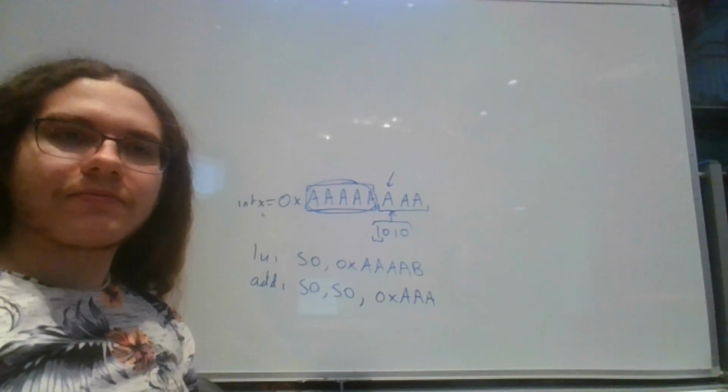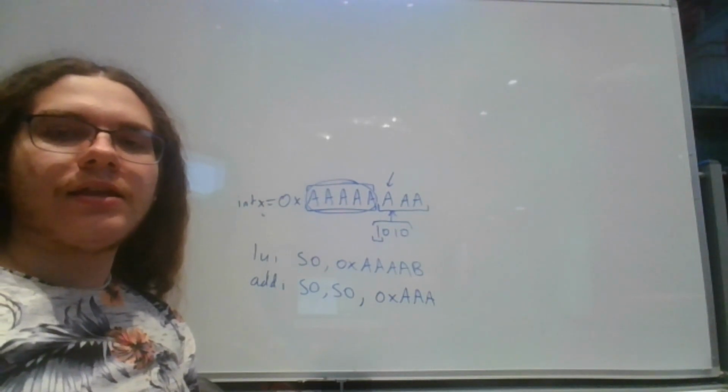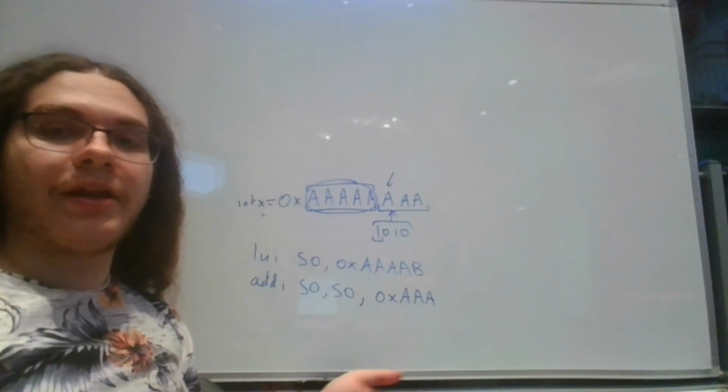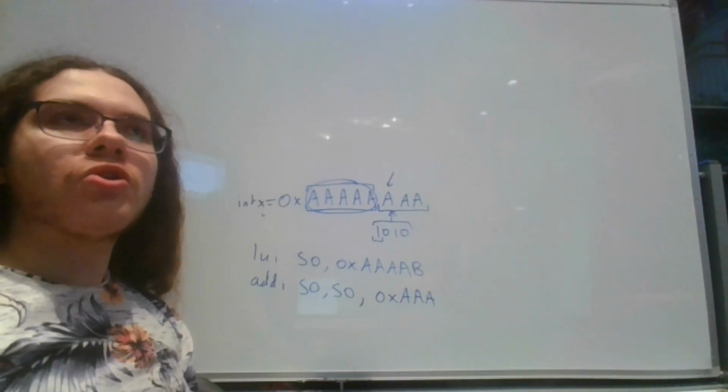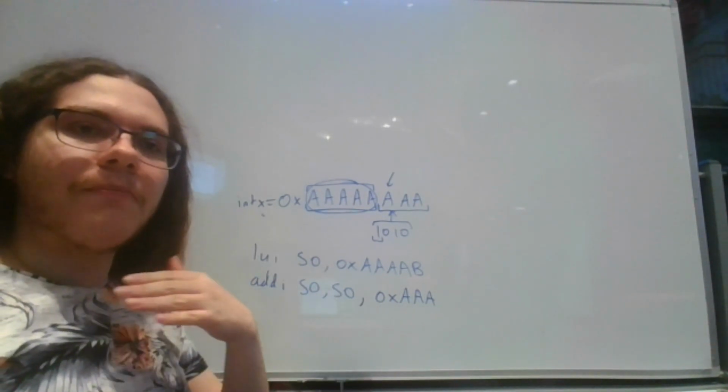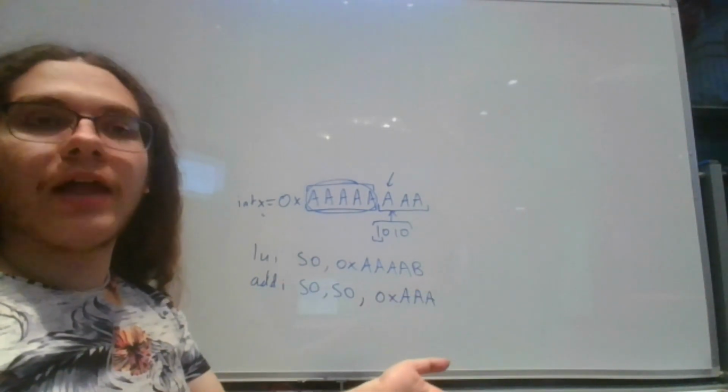Okay. The key point is that when you do an add immediate, it's a 12-bit number, but your add immediate actually sign extends that number. So if it was negative, it's going to sign extend it to all Fs at the end.